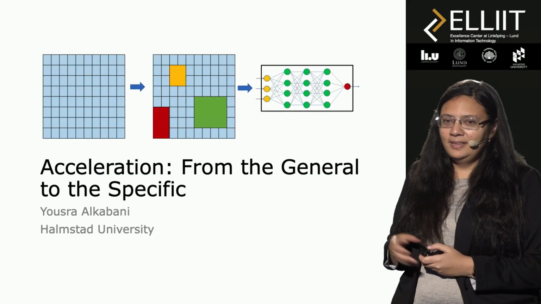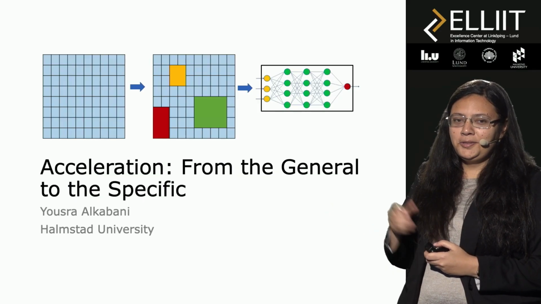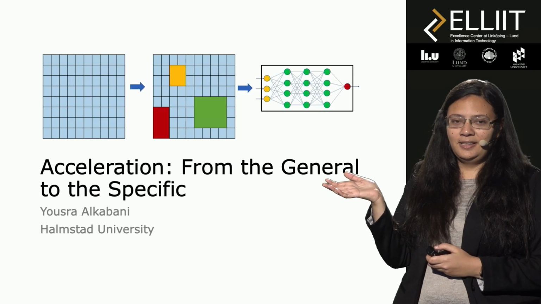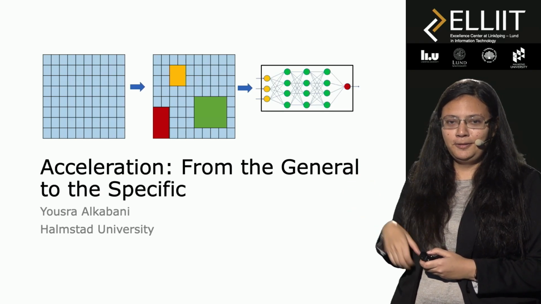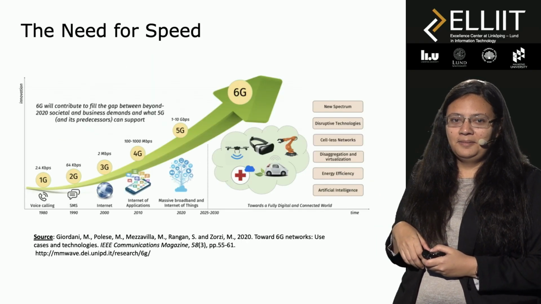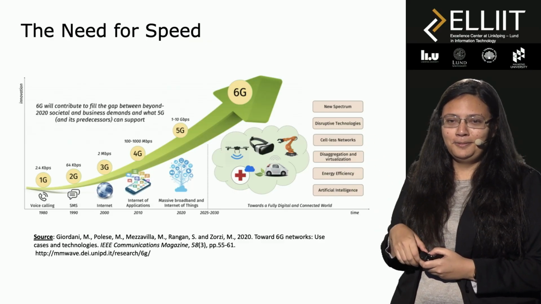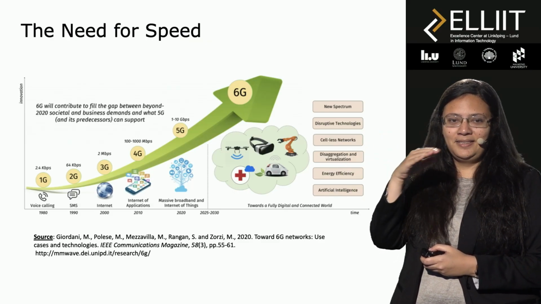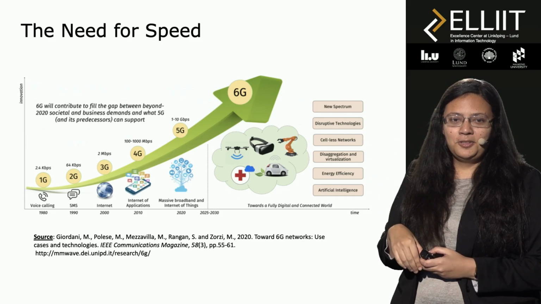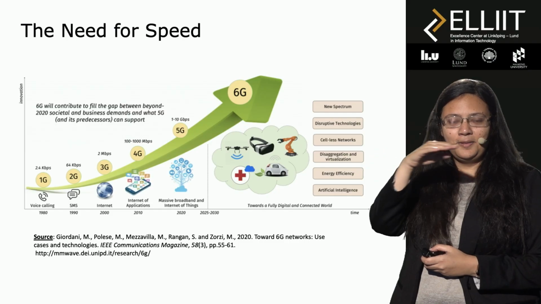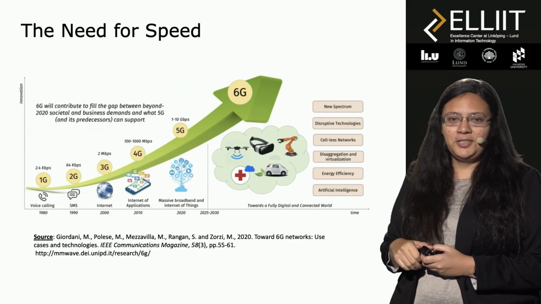Today, I will present to you the journey of Halmstad University researchers and their efforts to make computers run faster. Just to justify why we want our computers to always run faster, I want you to look at this graph that shows the different generations of mobile networks and how they speed up with every generation.